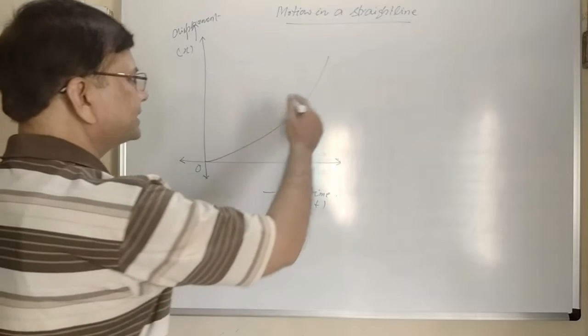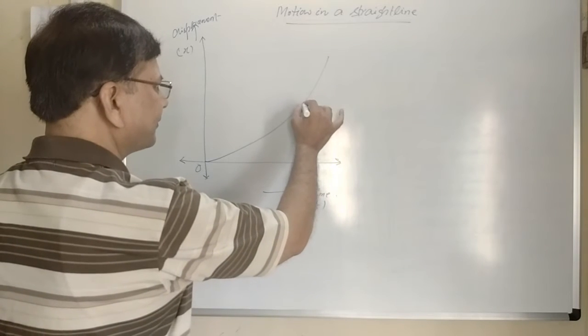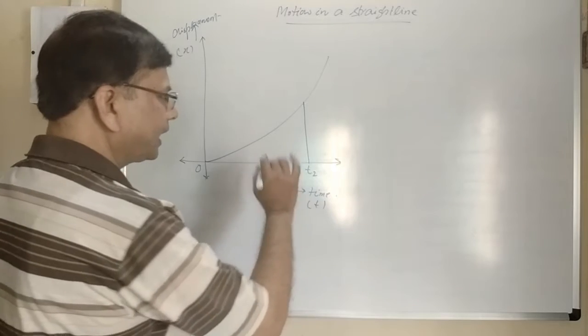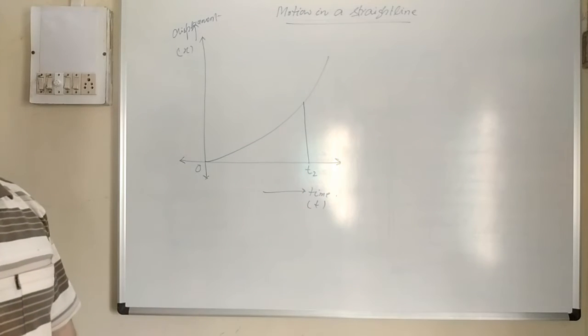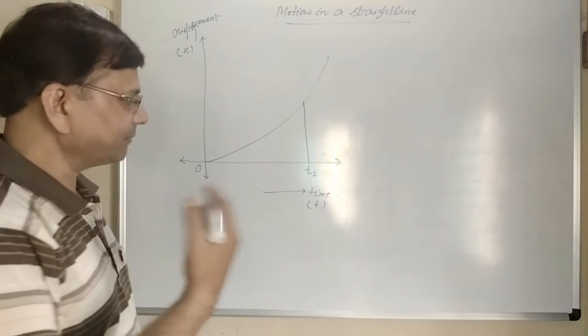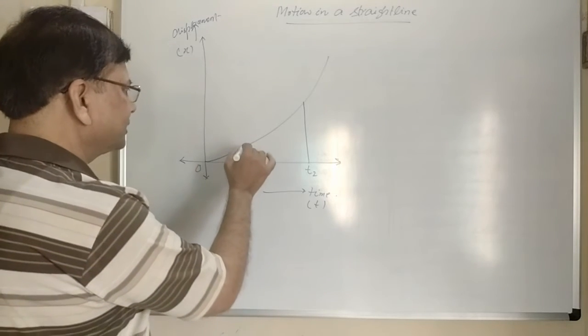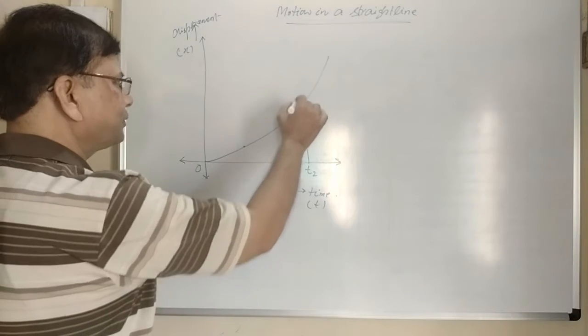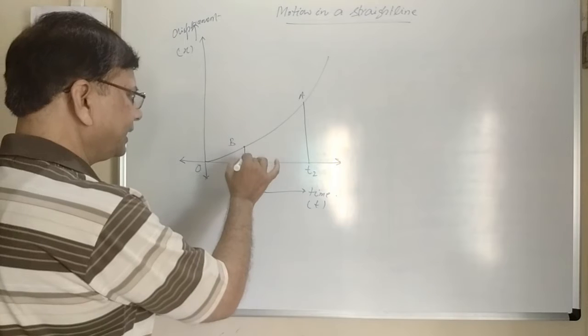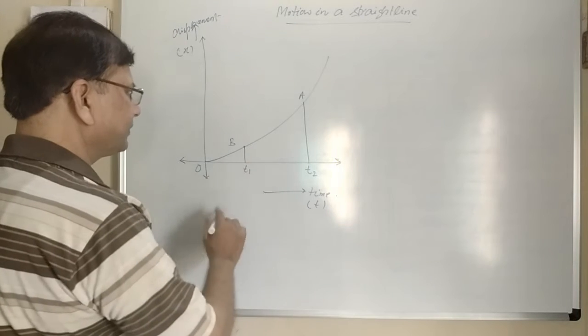Suppose at a particular instant, at time t2, I want the speed. Of course, we are talking about the magnitude of velocity. So suppose this point is A, this point is B, and here it is time t1.